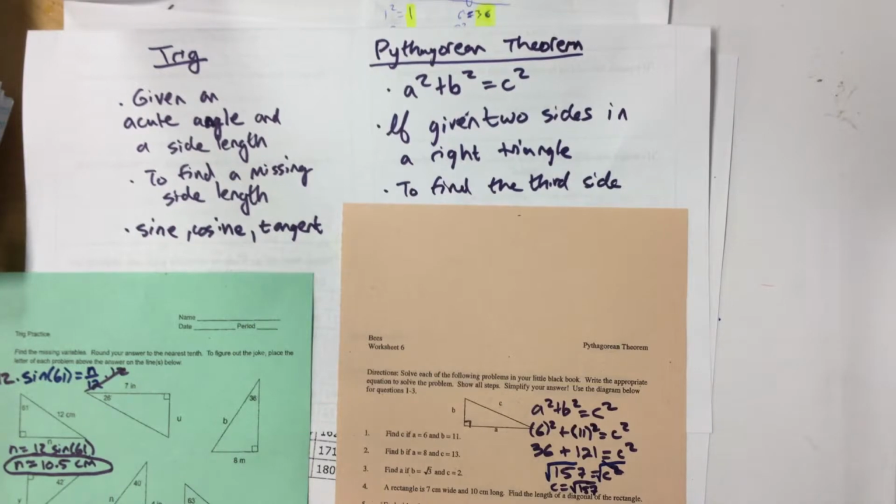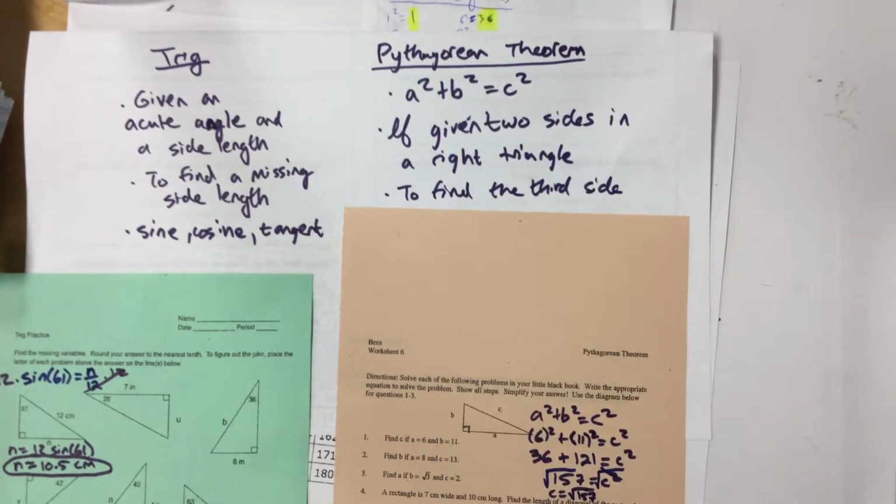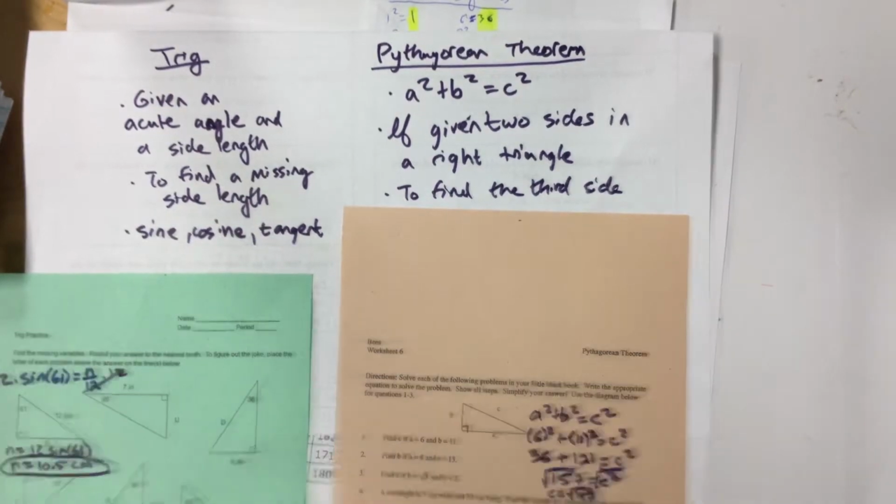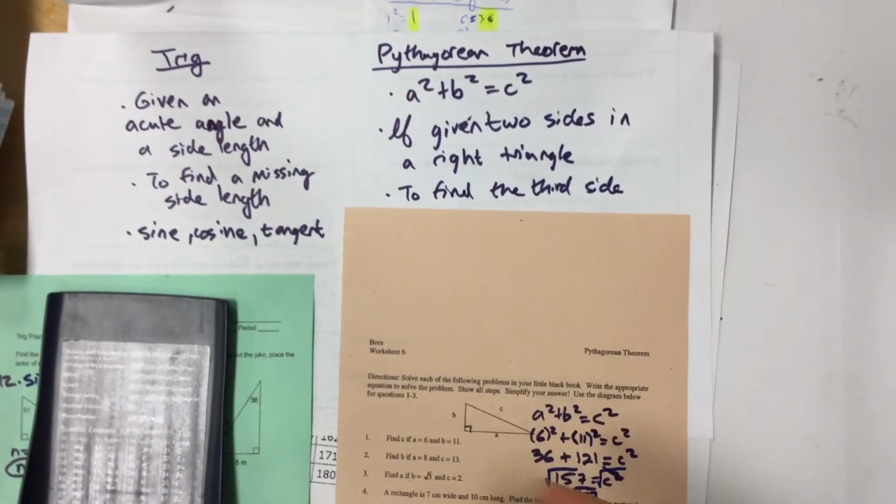We could try to simplify that radical. If there are any factors of 157, we can see if any numbers go into that. In this case, I don't believe there will be any, so we'll just use the calculator to find the square root of 157.